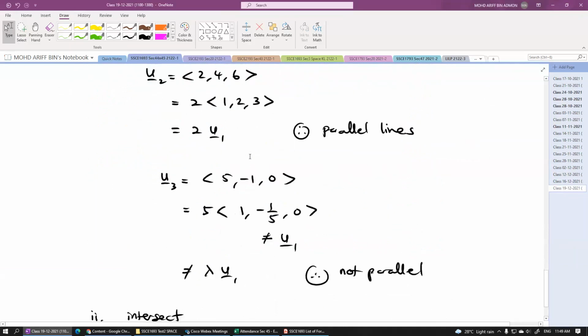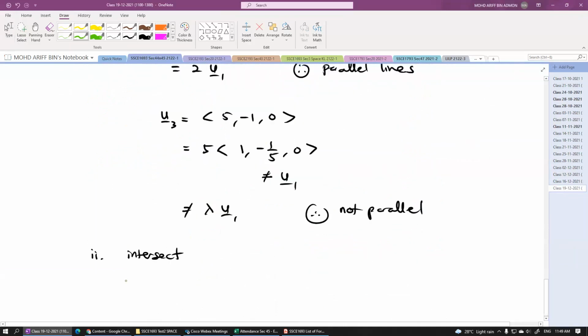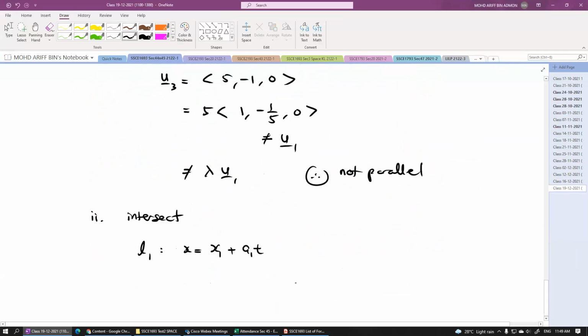If you can write, for example, L1: x equals x1 plus a1t, y equals y1 plus b1t, z equals z1 plus c1t.